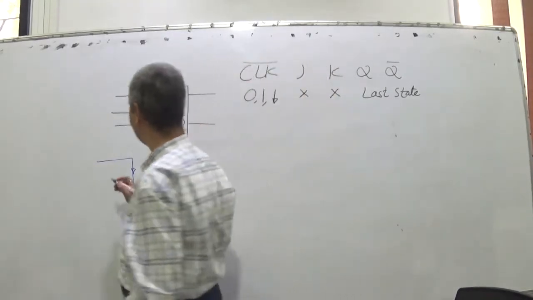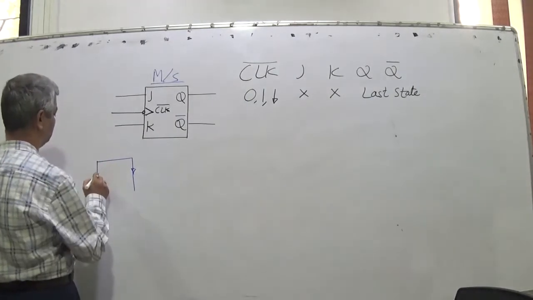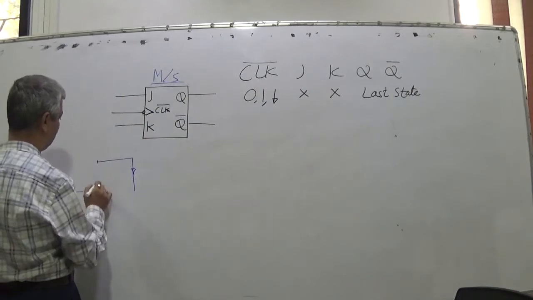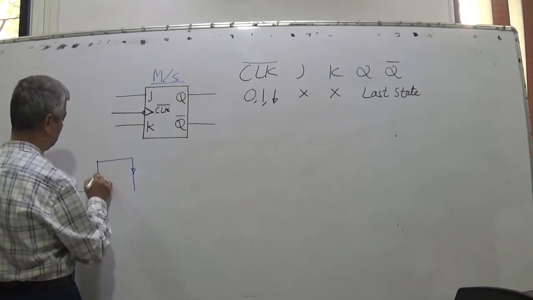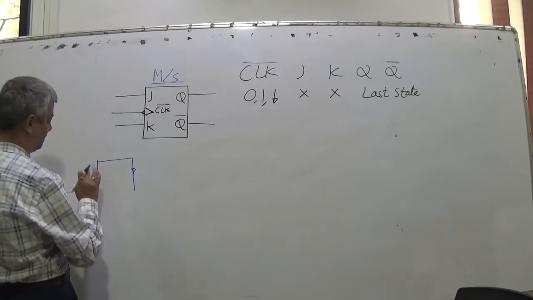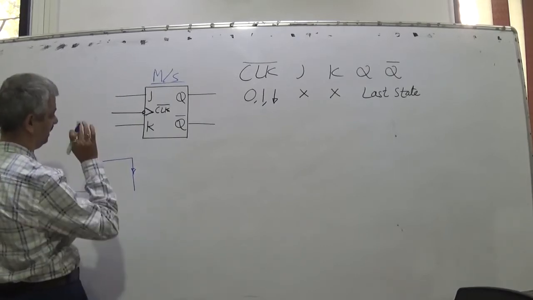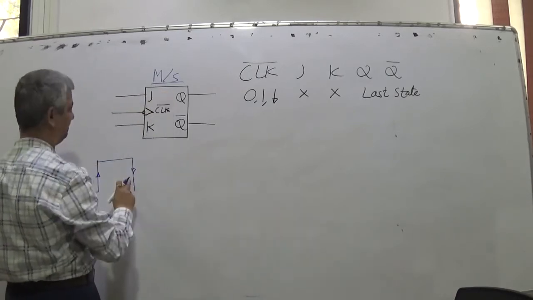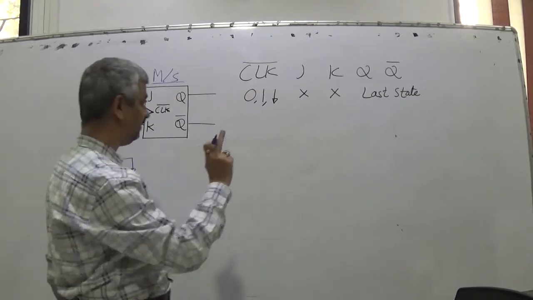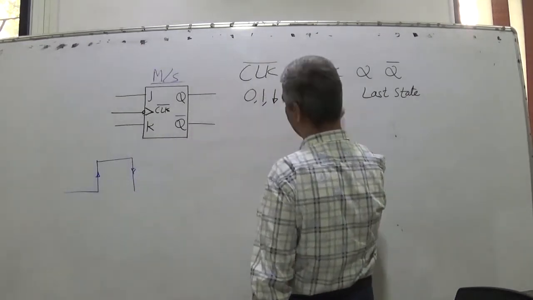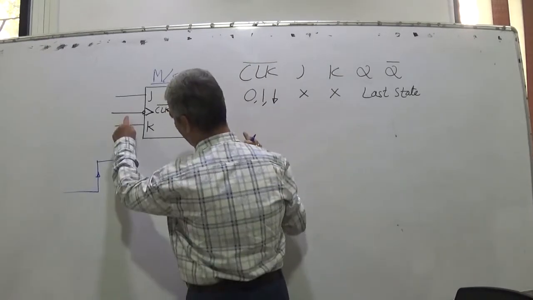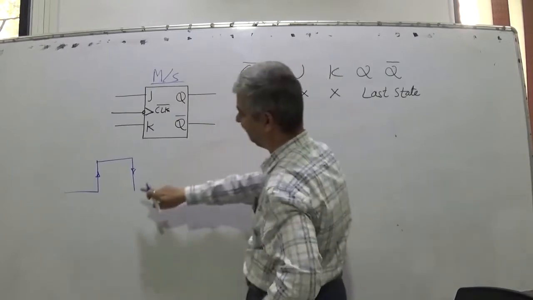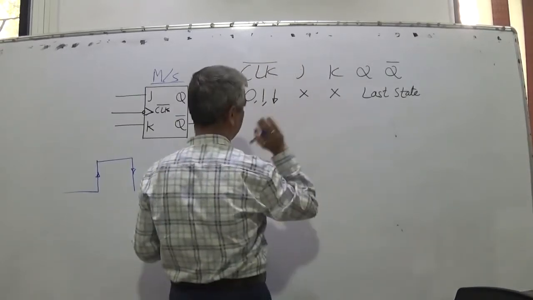So whatever were the inputs at the time of the rising edge are considered by the master inside, and that is copied by the slave at the time of the falling edge. So J and K inputs at the time of the rising edge of the clock are considered, and the outputs are modified at the time of the falling edge depending upon J and K combinations.